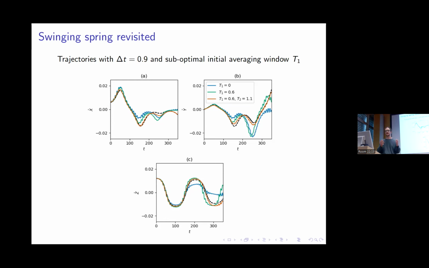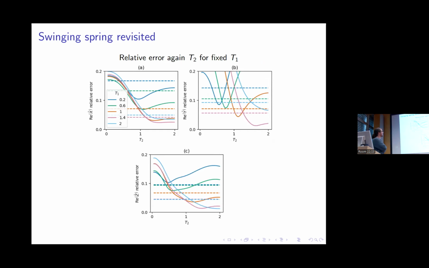What we then did was we were examining how varying the second averaging window would change the overall error and see if we see an optimal error in the second averaging window. And we do, but it's not the results that are necessarily what we wanted. And I'll explain why I think this might be.